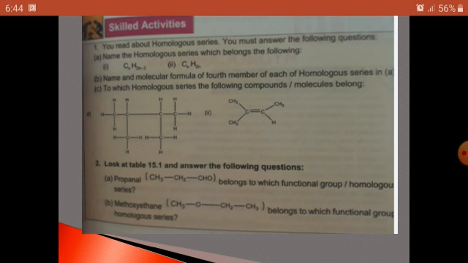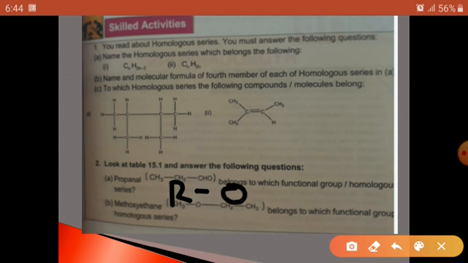Al represents aldehyde. Next, CH3, it means R O R. It represents which functional group? R O R represents ether. So it is the ether functional group or ether homologous series.